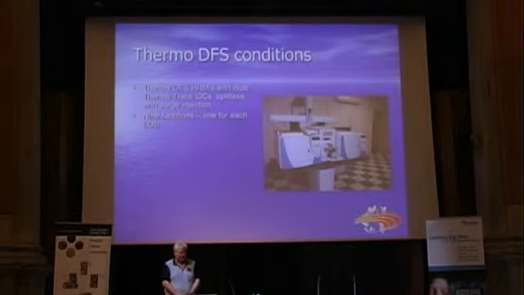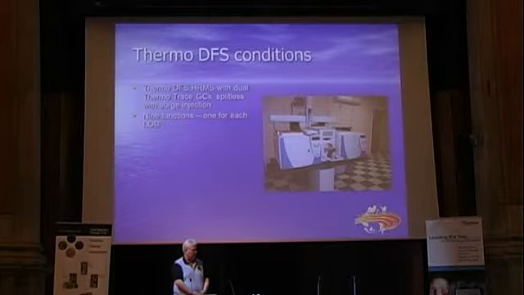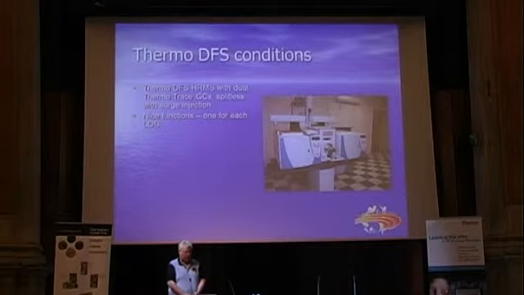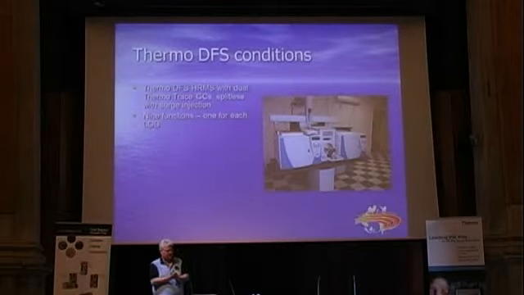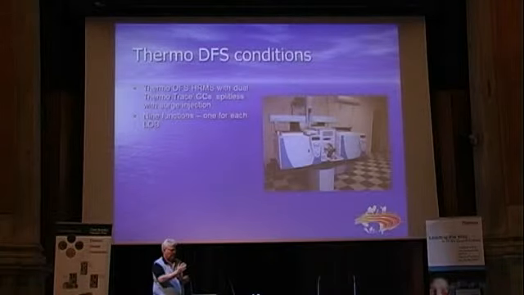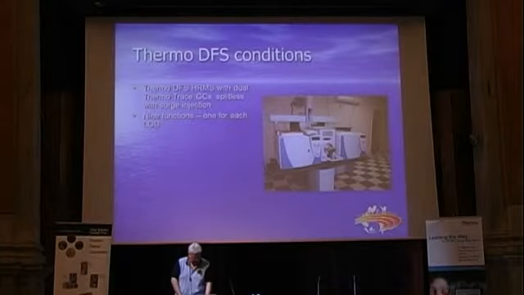We do use a Thermo DFS high-res mass spec. We run with 2 splitless GCs on there. We actually configure our high-res mass specs so each GC has its own analysis on it. So we'll run dioxins, PCBs, PBDEs, and organochlorine pesticides between it.